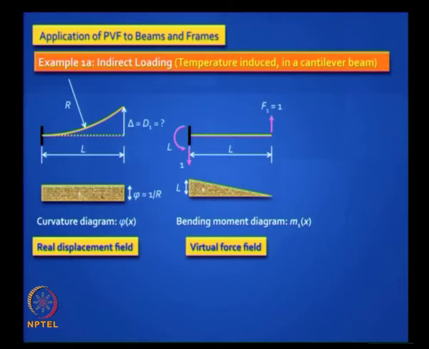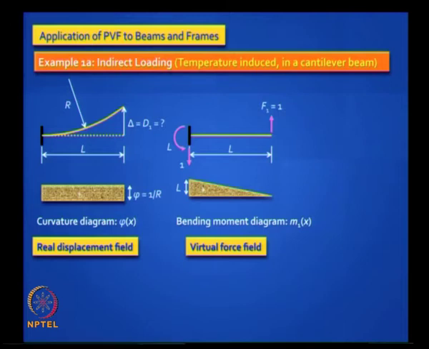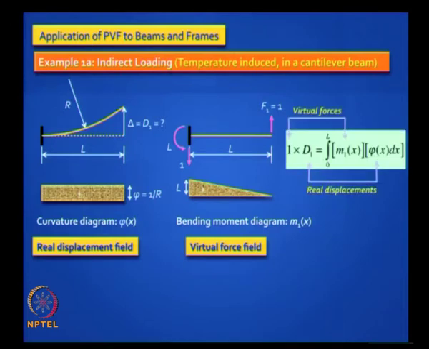You put a unit load exactly where you want the deflection, draw the bending moment diagram, and we use the notation small m just as we use this notation small n earlier. Small m_j means bending moment at the location x due to F_j equal to 1, and this diagram is very easy to construct. And then you invoke the principle of virtual work.